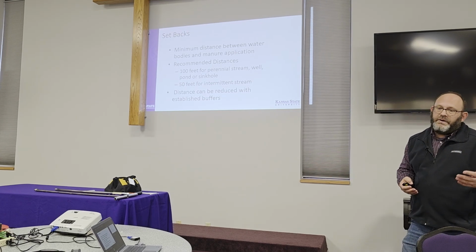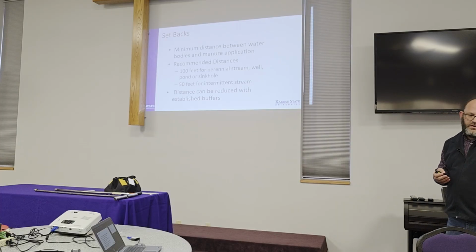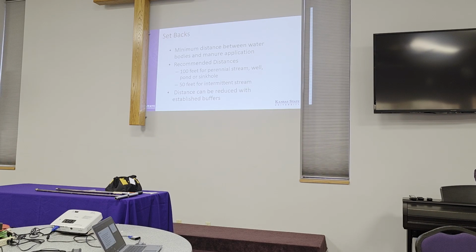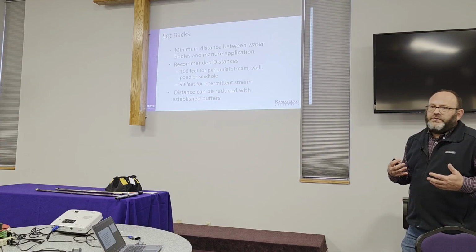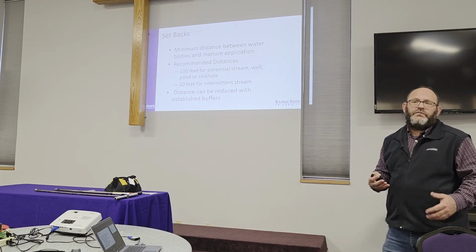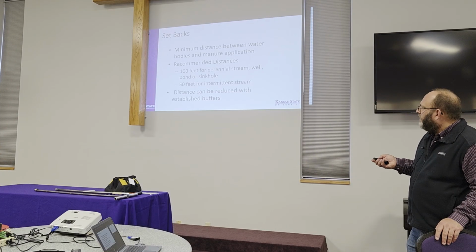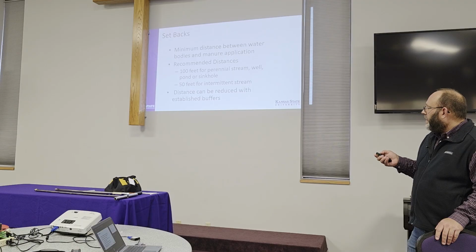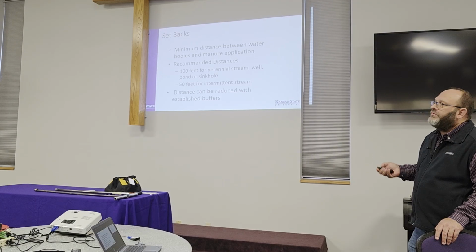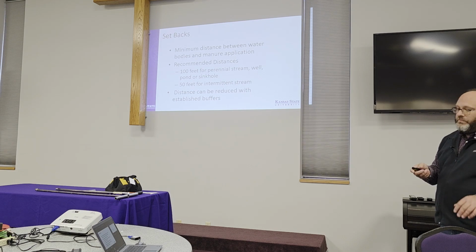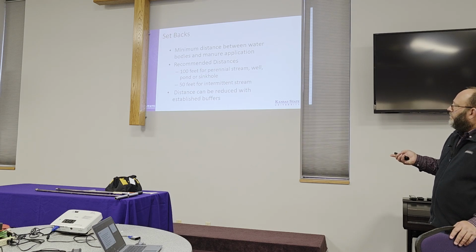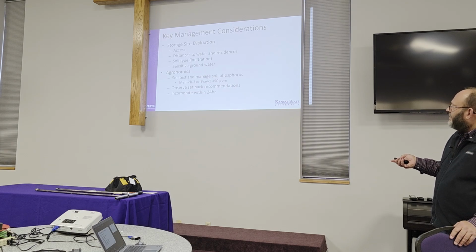If you're at the downhill side of the field and there's a stream below, certainly if you've got some grass and buffer area, that's going to help. But just hold back one pass at the bottom of the field. Give yourself some infield buffer to help capture any of those nutrients if you get one of those large rain events. It just helps to make sure that the nutrients stay in your field.